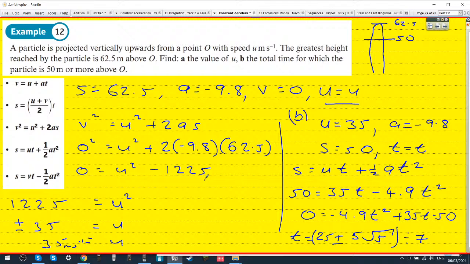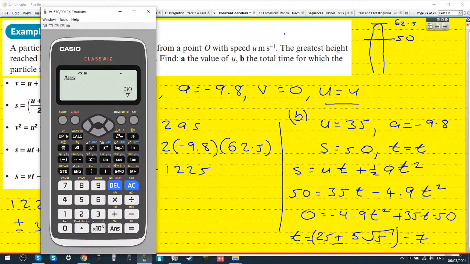The one we got for part A. Oh, 62.5. Let's check something. Wouldn't it be T for the last answer? So if we worked out T for question A, and then we took it away from this answer we've got now, isn't that the answer?